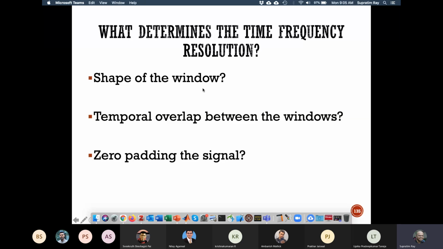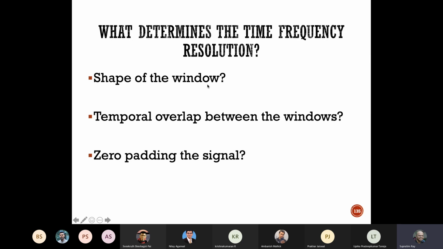That question wasn't answered, and that's what I'm going to do today. That will lead us in a very natural way to talk about the Hilbert transform, which is the topic of interest today. Okay, so just a quick recap.